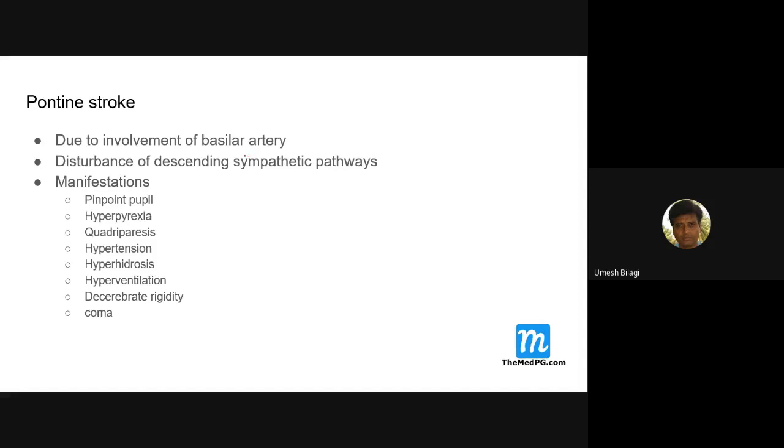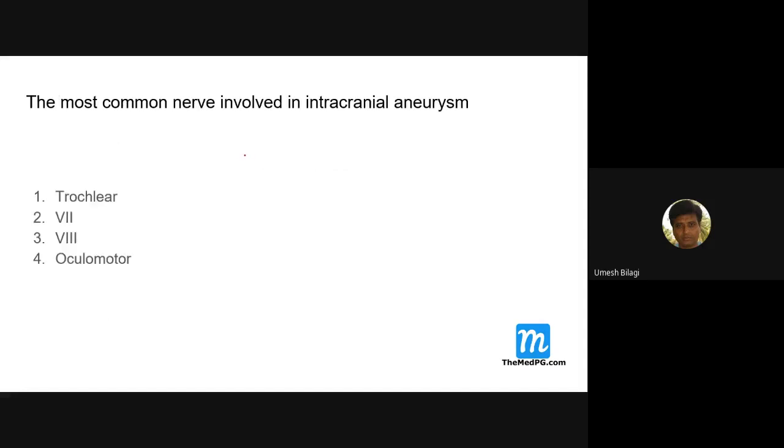The most common nerve involved in intracranial aneurysm is the oculomotor nerve, without pupillary sparing.